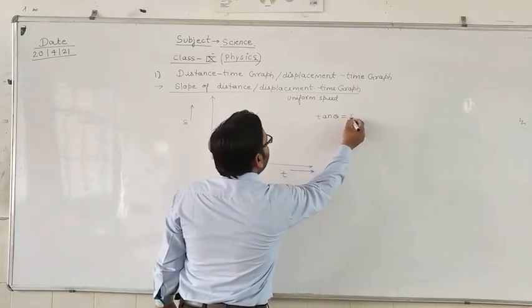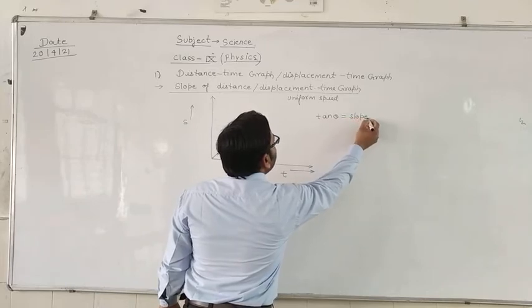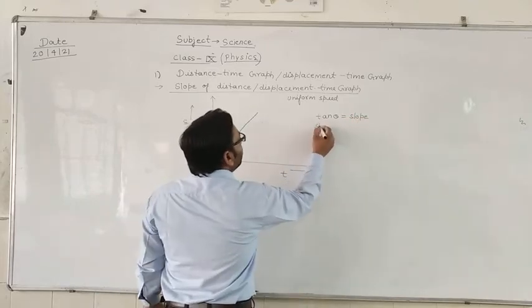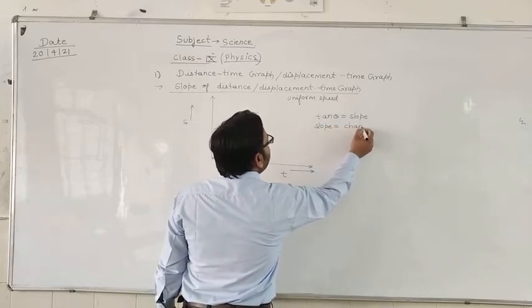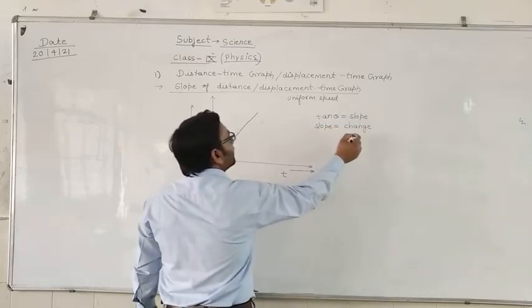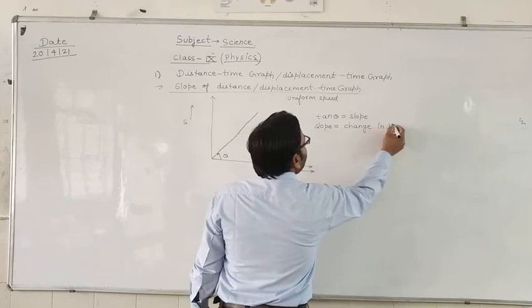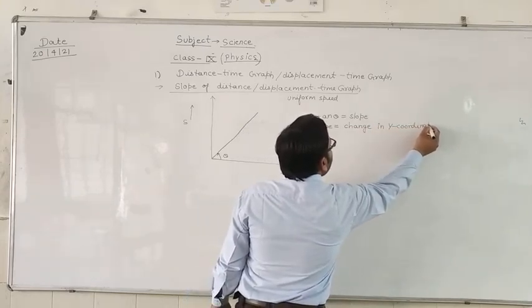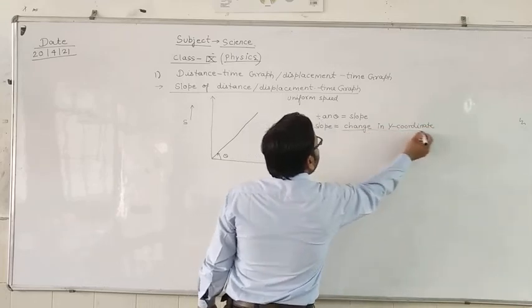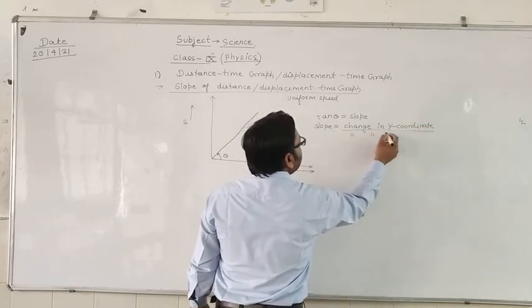This is called the slope. And one more simple definition of slope is that it is defined as the ratio of change in y coordinate to the change in x coordinate.